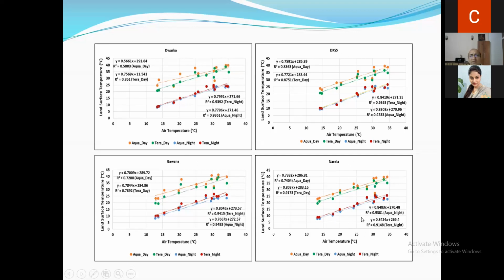In all these stations, we get very good agreement between the land surface temperature and the air temperature. There may be bias, problems of overestimation or underestimation, but the R square values tell us that we can reasonably predict the air temperature using the land surface temperature. This establishes the validity of our method of relying on the land surface temperature data extracted from the satellite.